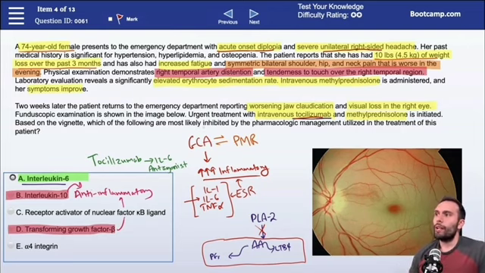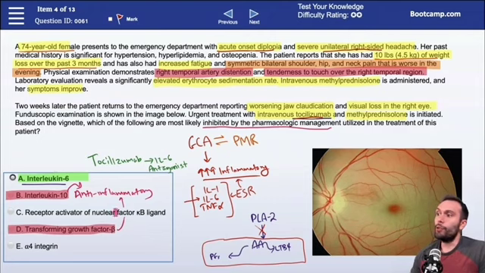So what are we trying to inhibit with our pharmacologic management? Are we trying to inhibit anti-inflammatory markers? No, we don't want to inhibit anti-inflammatory. We want anti-inflammatory because we're in the setting of an inflammatory state that's causing loss of vision, right? So we want to inhibit the things that are causing inflammation, like interleukin 6, for example. Okay, so these two you can pretty much rule out here.